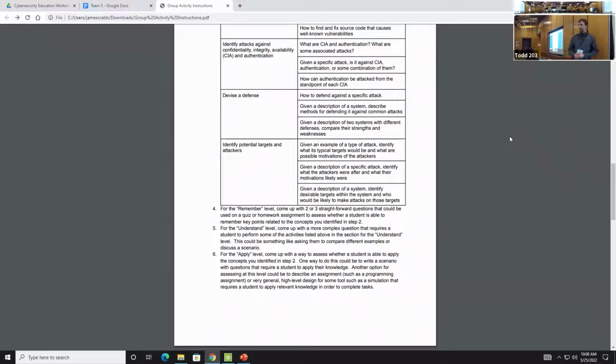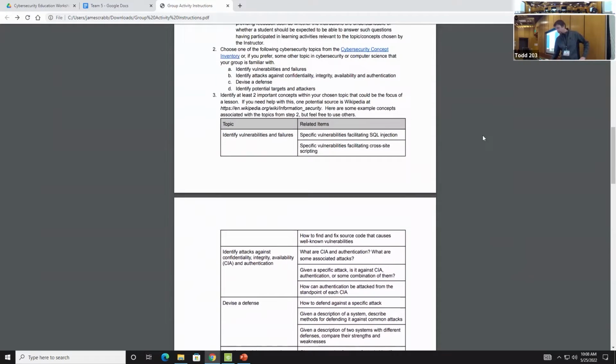From there, the next level is understand. For this, we'll ask you to come up with some more complex questions, or one at least. Maybe we have time for more, but that's going to require a student to perform some of the activities listed in the section for the understand level.